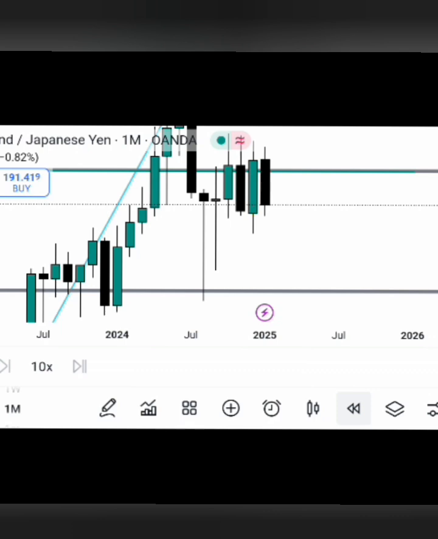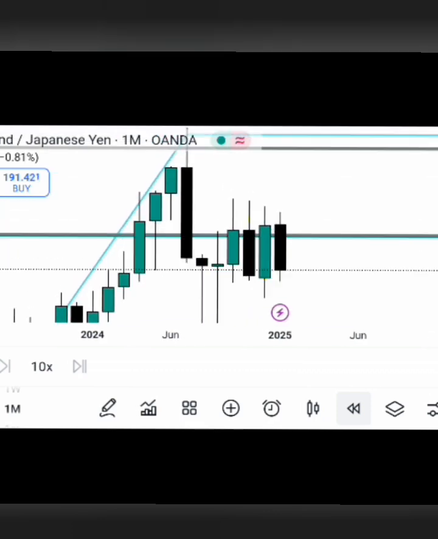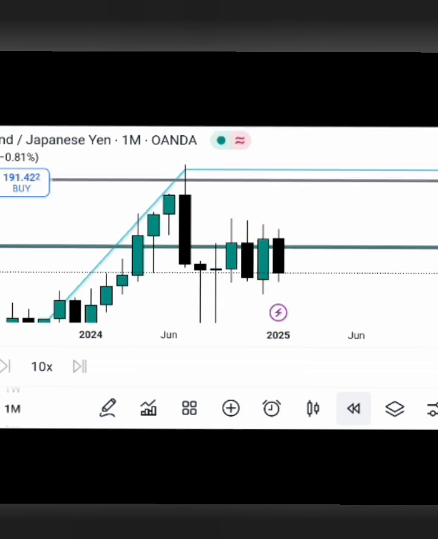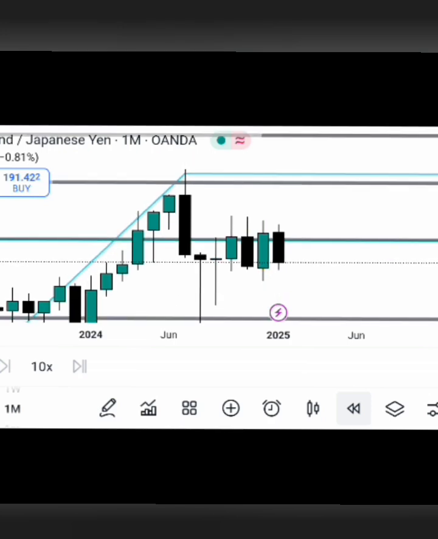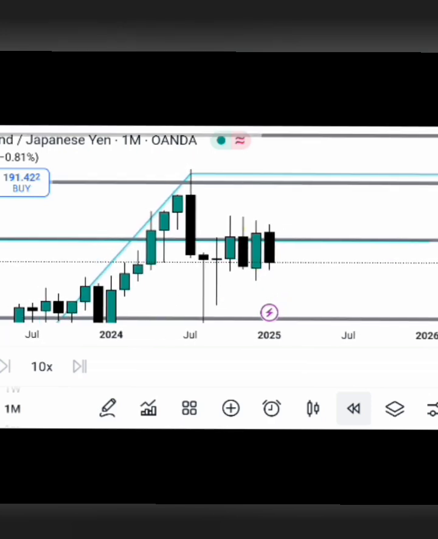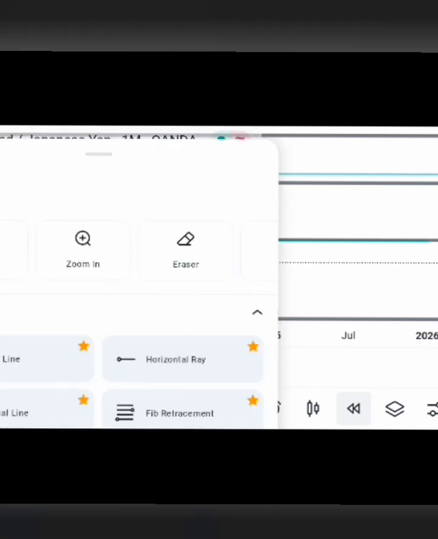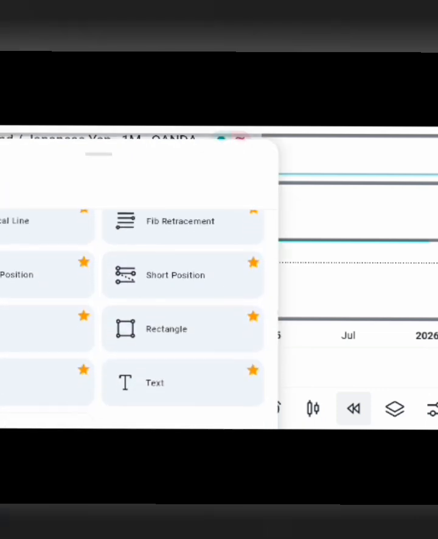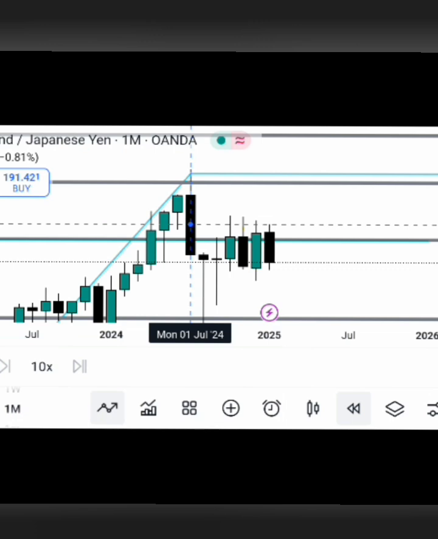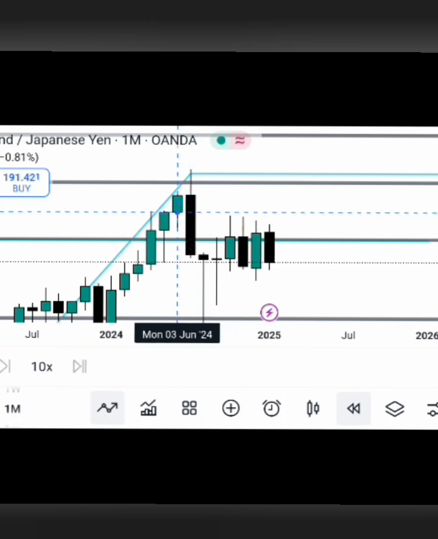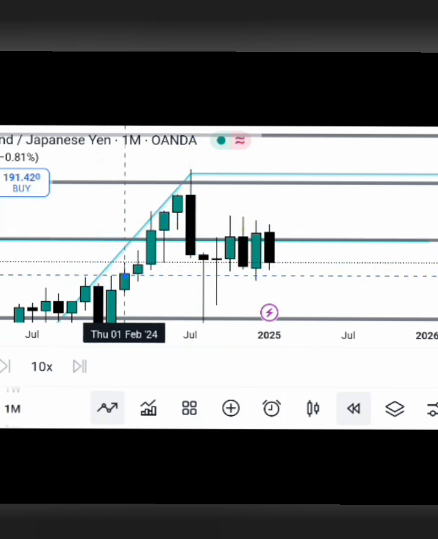Can you see it? So let me do it so that you can see very well and understand what we are doing. So let's use this. Good. So what the market did was, the market was going up from this point, isn't it?